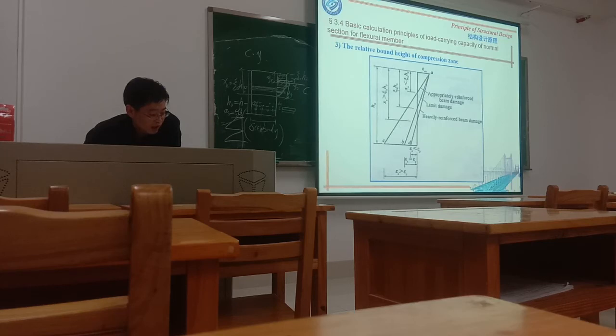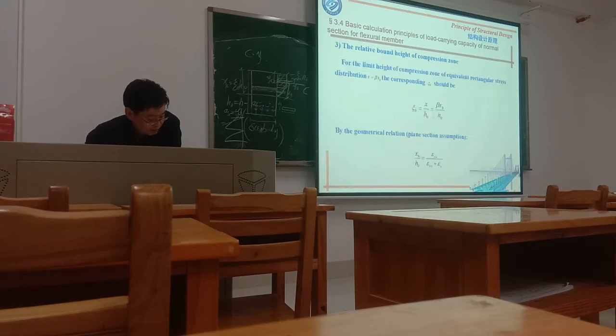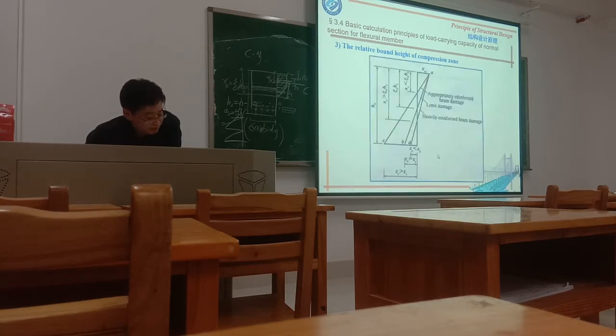So XB divided by H0 equals what? Here, XB divided by H0 equals ε_cu divided by ε_cu plus ε_y.